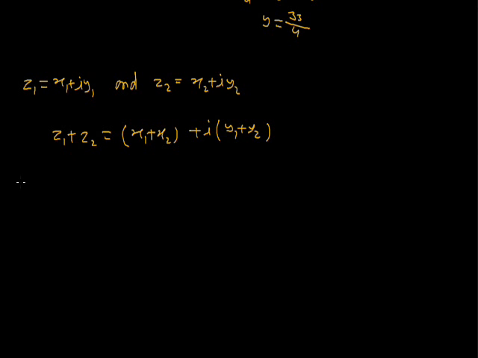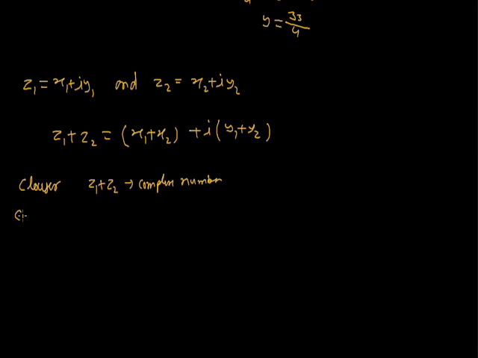So the addition of complex numbers satisfies some properties. First property is closure. If we talk about the closure property, then z1 plus z2 is also a complex number.